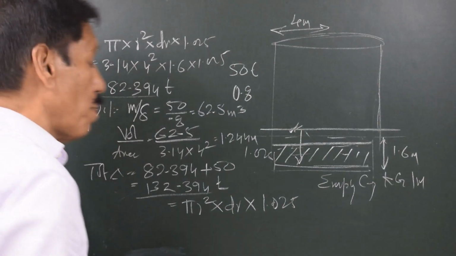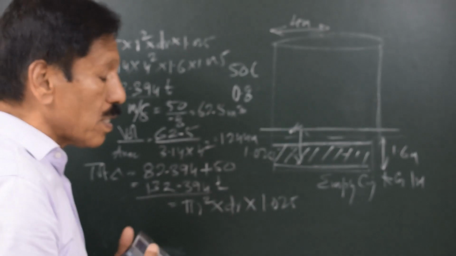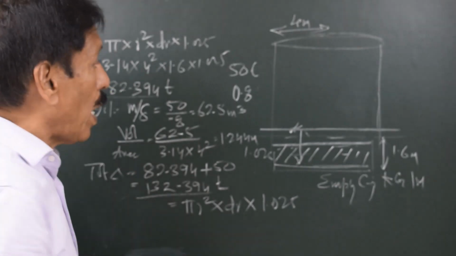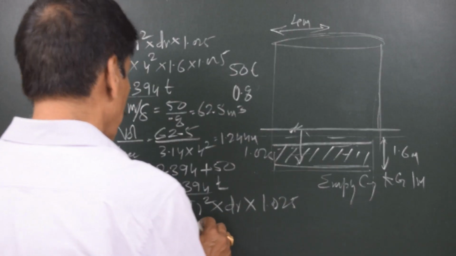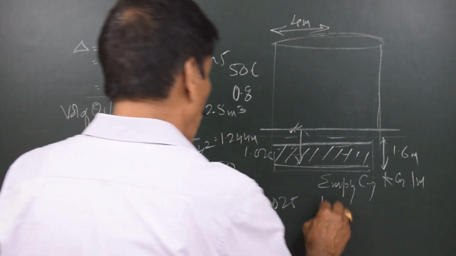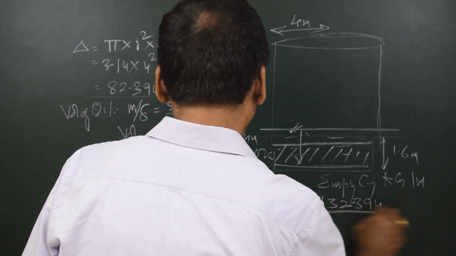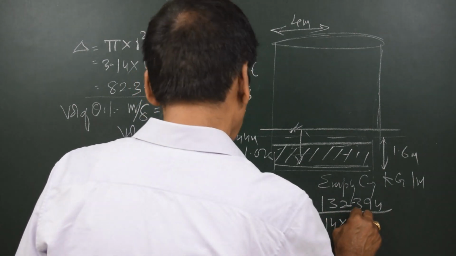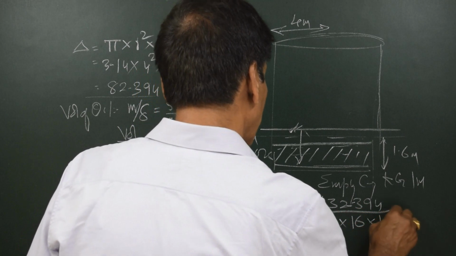So the principle used is that the volume displaced by the submerged portion is actually the mass of the entire cylinder. So the draft is going to be 132.394 divided by 3.14 into r square, that is 16, into 1.025.